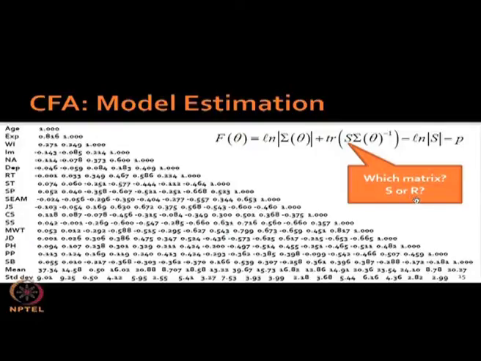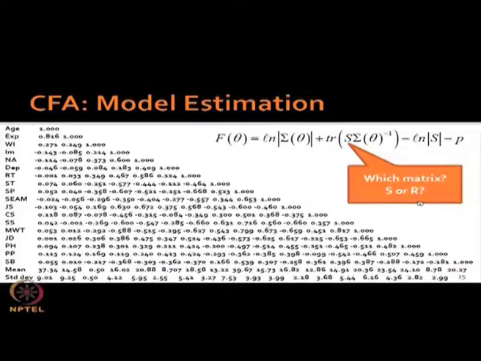In our study, we are more interested in the pattern of the relationship rather than the original strength of relationship between latent variable and your manifest variable. So, when you are interested in the pattern of relationship, the R matrix, that is the correlation matrix, should be used.